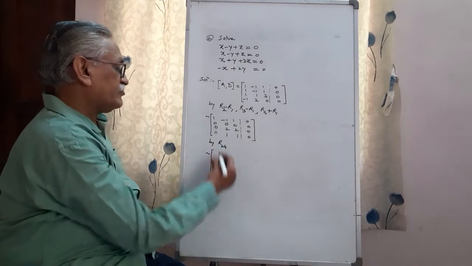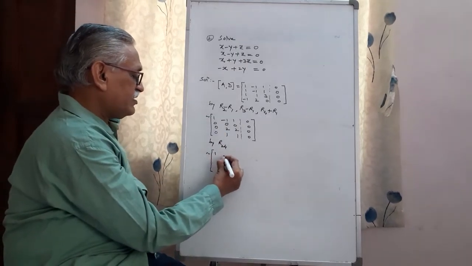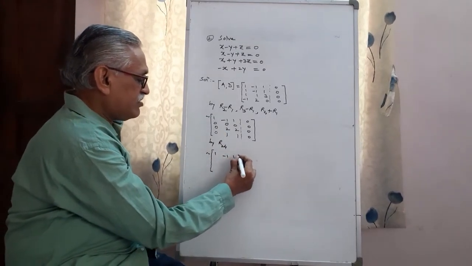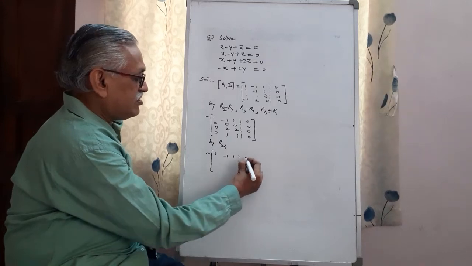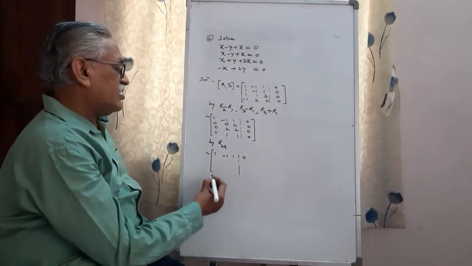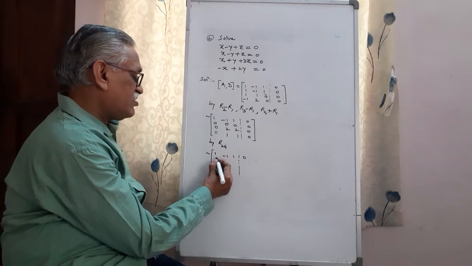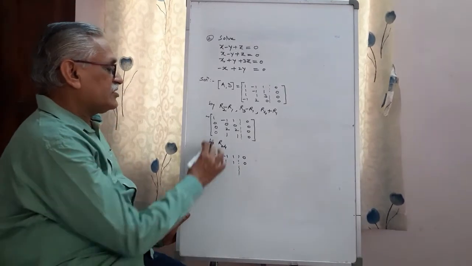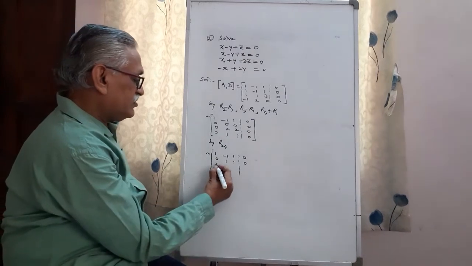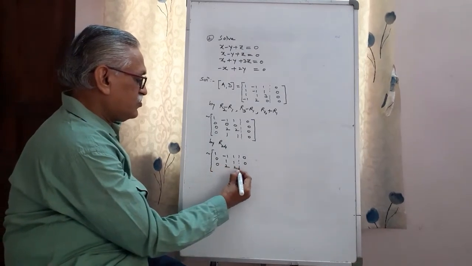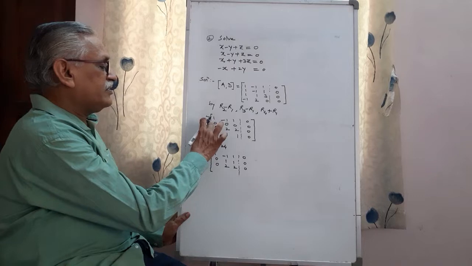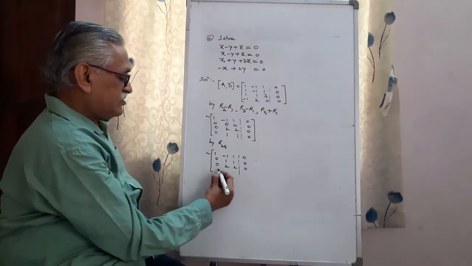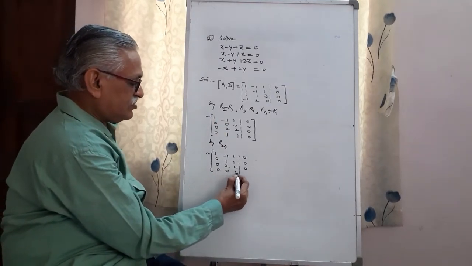We get 1 minus 1, 1. Second row 0, 1, 1, 0. Third row no change, 0, 2, 2, 0. And this is shifted to fourth, 0, 0, 0, 0.